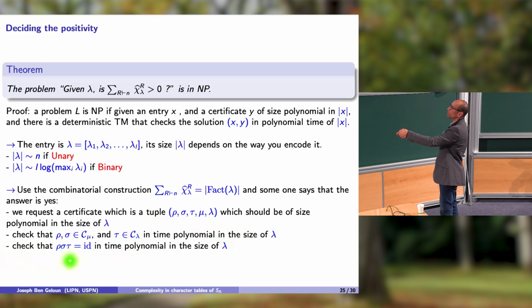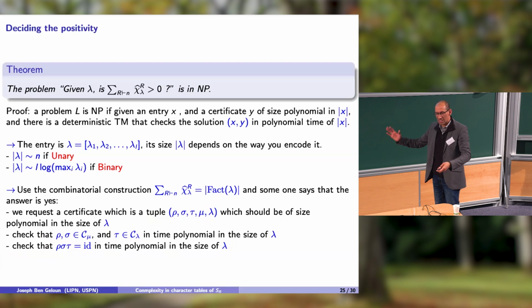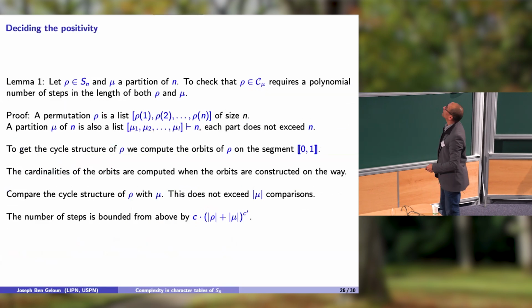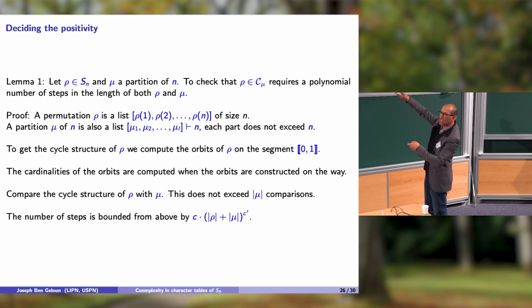And you have to show that the product of these three permutations gives the identity in time polynomial in lambda.